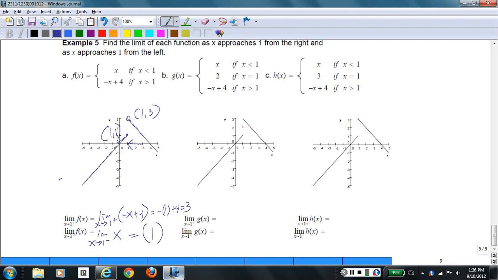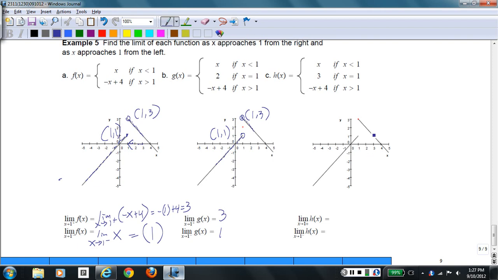I'd belabor the point unnecessarily if I repeat a lot of that. Basically, in the other two examples, the limit of g of x as x approaches 1 from the right is 3, because we're approaching the point (1, 3), with an open circle there. Here the graph is approaching the point (1, 1), so that limit is 1. It doesn't matter that g of 1 equals 2. The limit doesn't care how the function is defined at 1. It's what the graph is approaching.